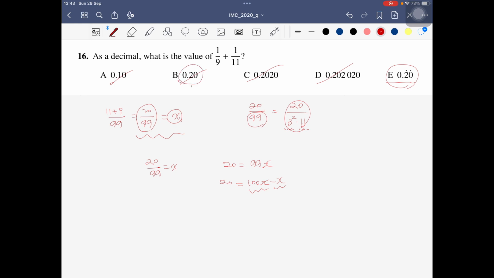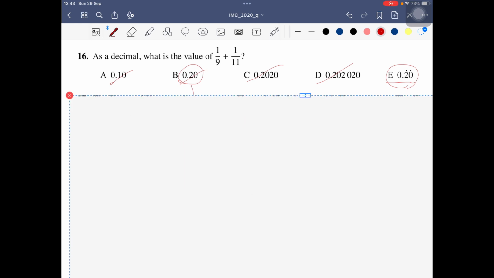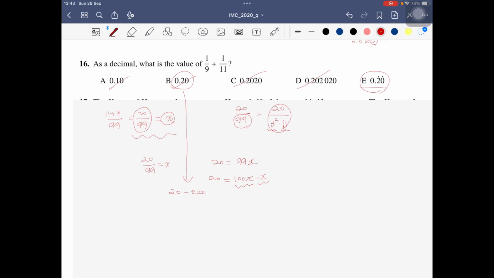For example, here, when we multiply by 100 we get 20, minus 0.20 cannot be 20. So this cannot be the answer. This one, 0.202020, this recurring decimal, when we multiply by 100 we get 20.2020, and itself is 0.2020. So when we subtract them, the result is 20. So this is how we know.